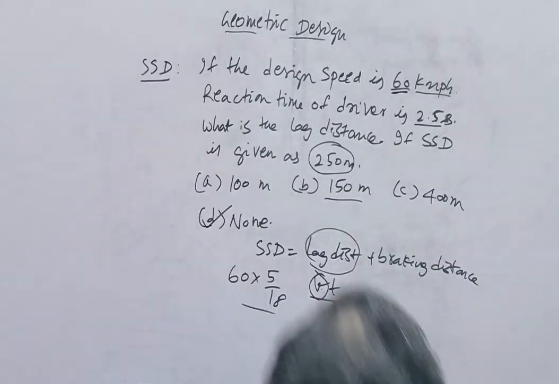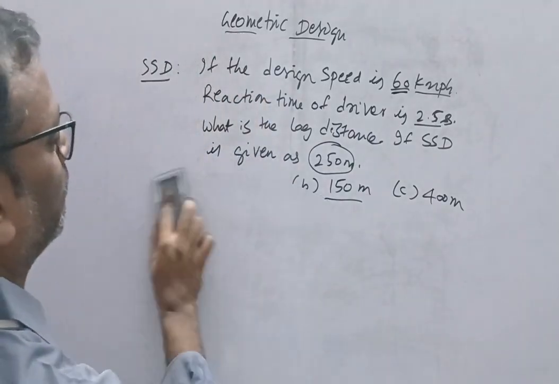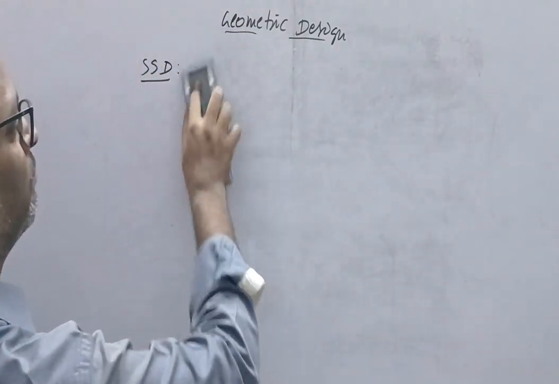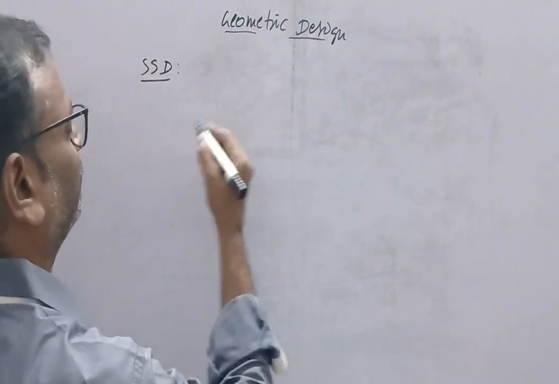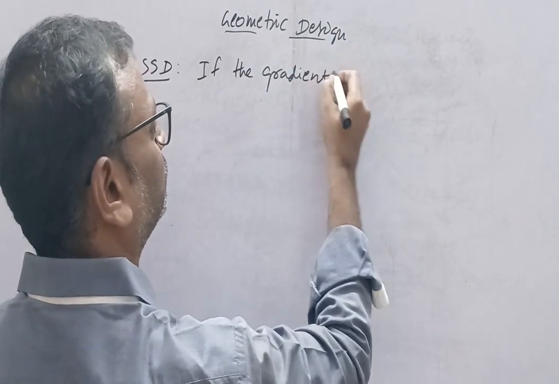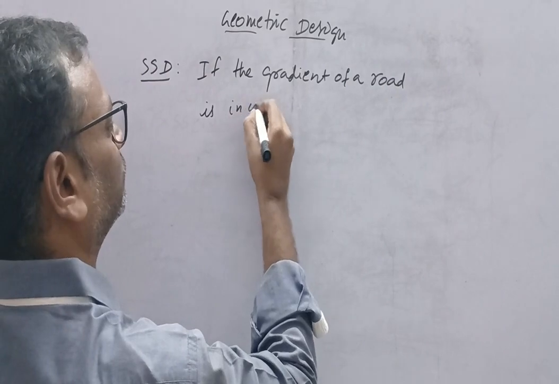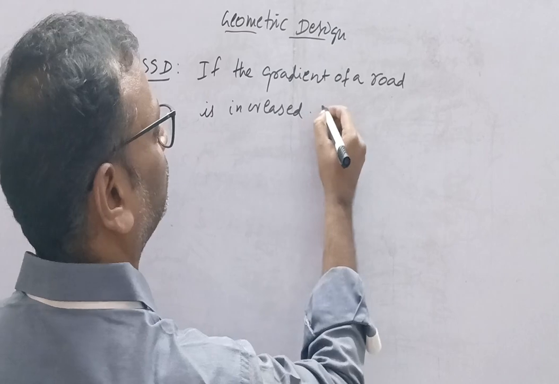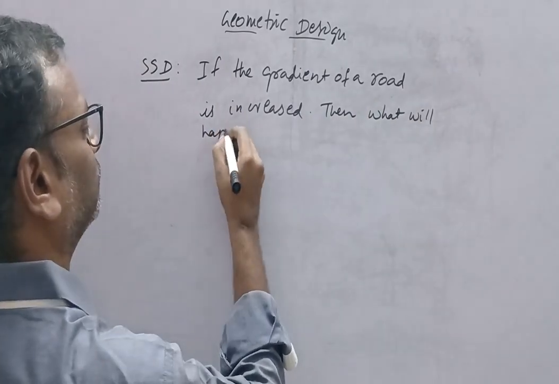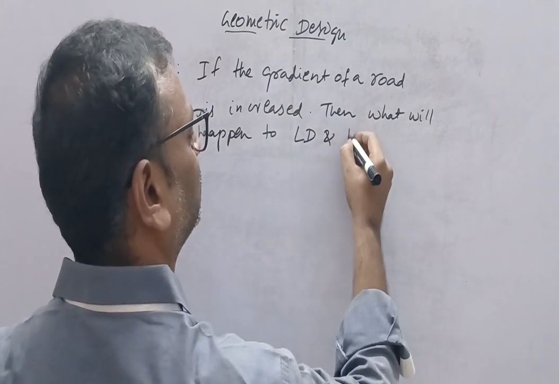Similarly, in this stopping sight distance, if the gradient of a road is increased, then what will happen to lag distance and braking distance?